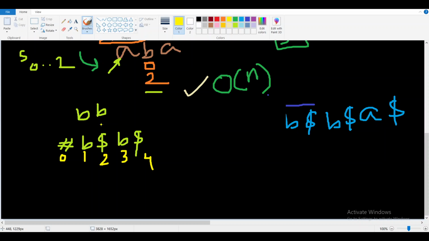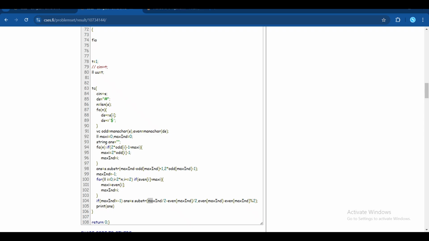Now if we are at this particular index 2, we'll take 2 by 2. Okay. So in the S, if we only consider the string, the string is BB, right? So we'll take is of max index by 2, minus even of max index by 2.